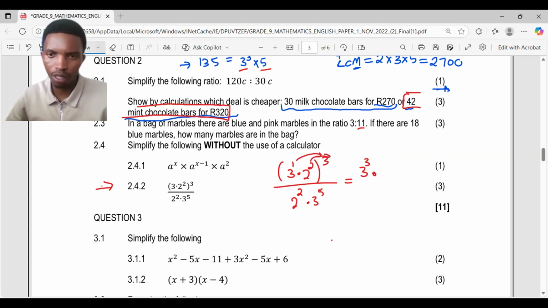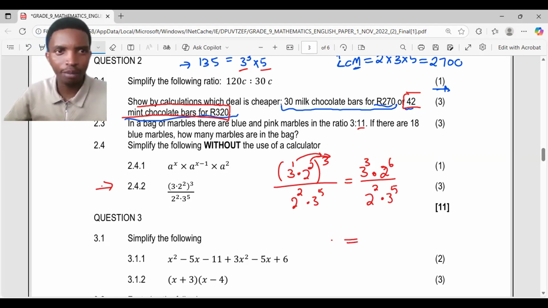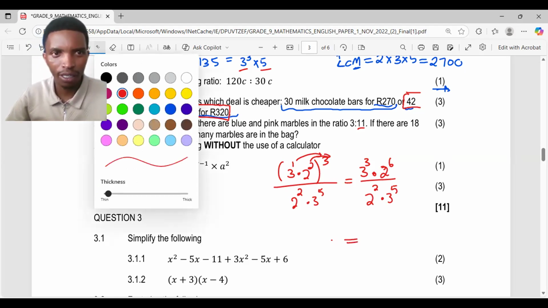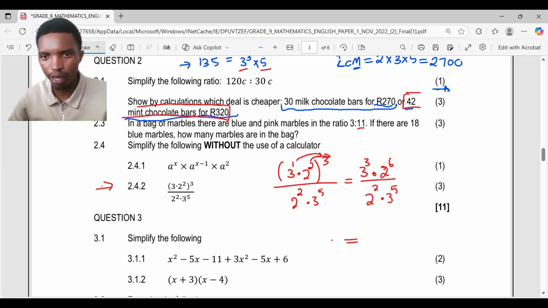So 2 times 3 is 6, over 2 squared times 3 exponent of 5. Now finally, remember, the same bases are going to divide each other in this case. So this 3 is going to be divided by that 3, this 2 is going to be divided by that 2. The one on the numerator is divided by the one below.